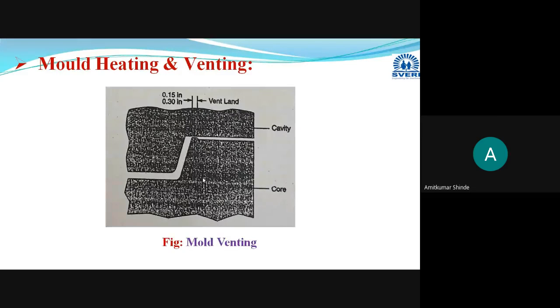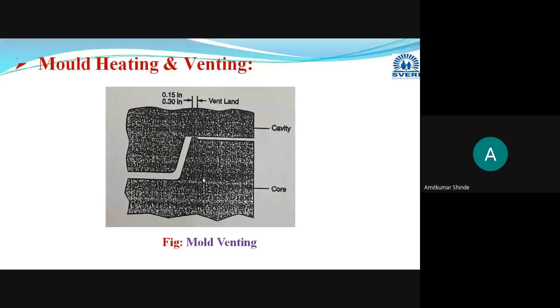Now, during the process of compression molding or transfer molding, gases will be formed. Due to the high amount of pressure, some chemical reaction may occur in the plastic material, and some gases will be formed, and those gases will get trapped in the mold cavity, and may get carried as gas pockets in our final product.